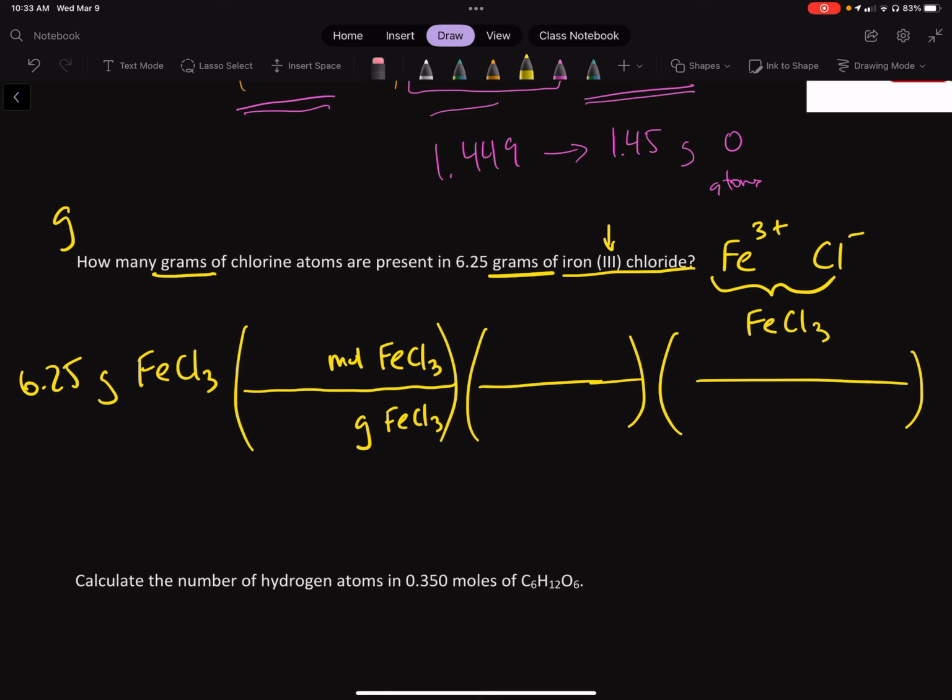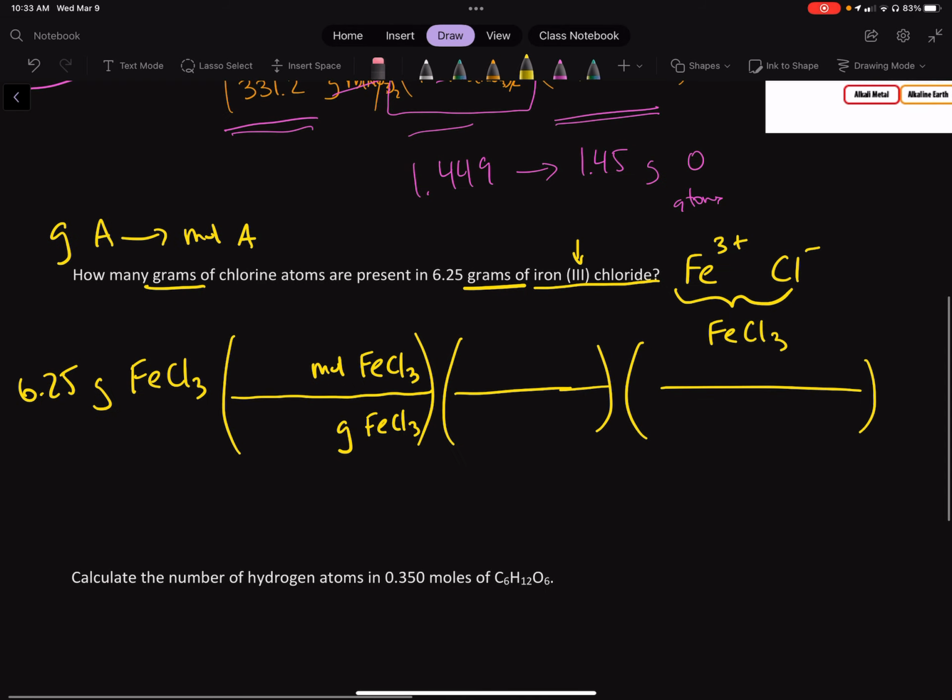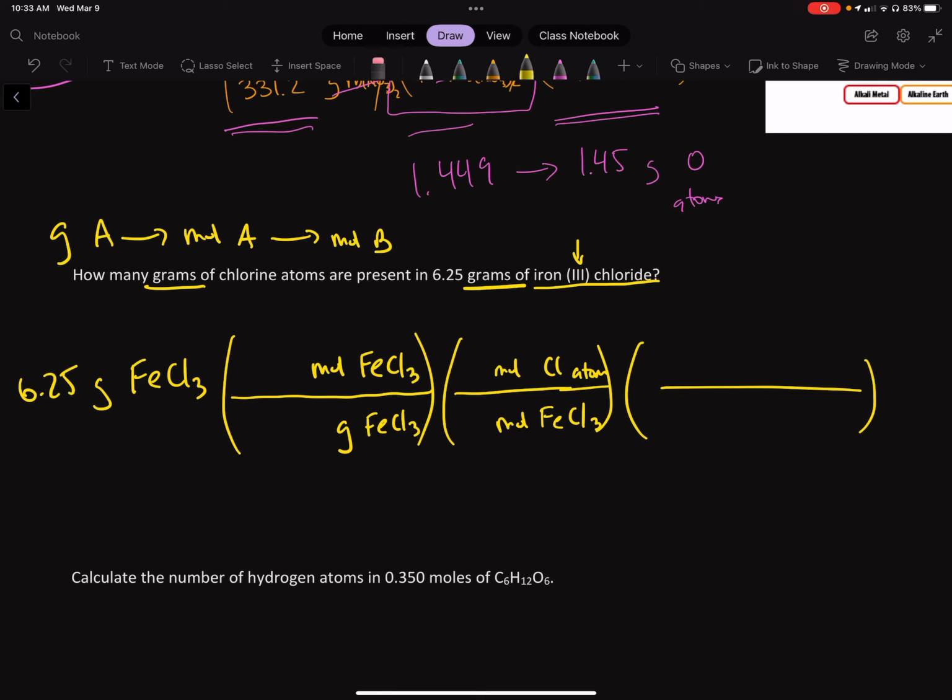That's the first step in our strategy, going from grams of substance A to moles of substance A. Next, we'd want to go from moles of iron 3 chloride to moles of chlorine atoms. That's our second step, going from moles of A to moles of B. And then lastly, we would want to go from moles of chlorine atoms to grams of chlorine atoms. That's the last step in our general strategy, going from moles of B to grams of B.